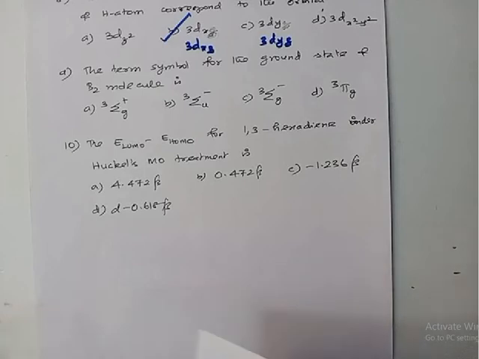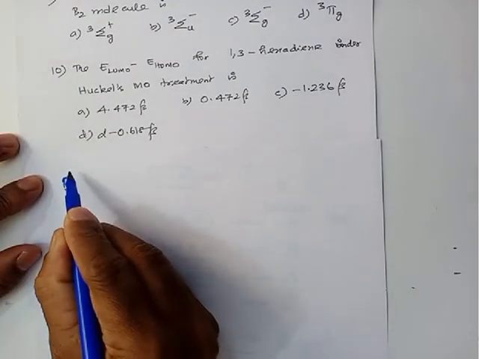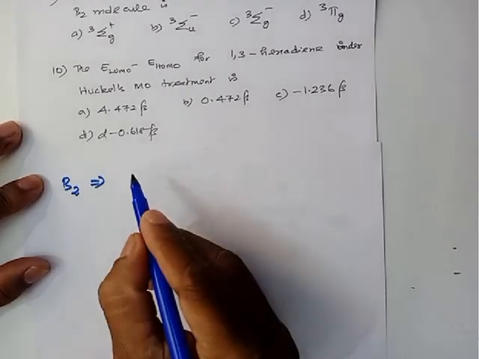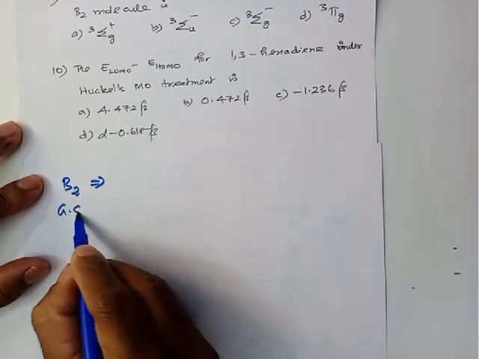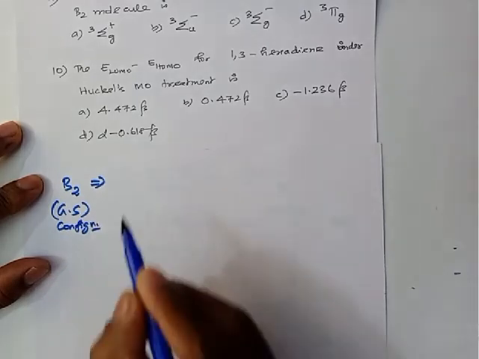Next, let me go to question number 9. The term symbol for the ground state of the boron molecule is, how to find that? Listen, you know very well, for the boron molecule, the B2 molecule, I'm going to write the ground state electronic configuration.